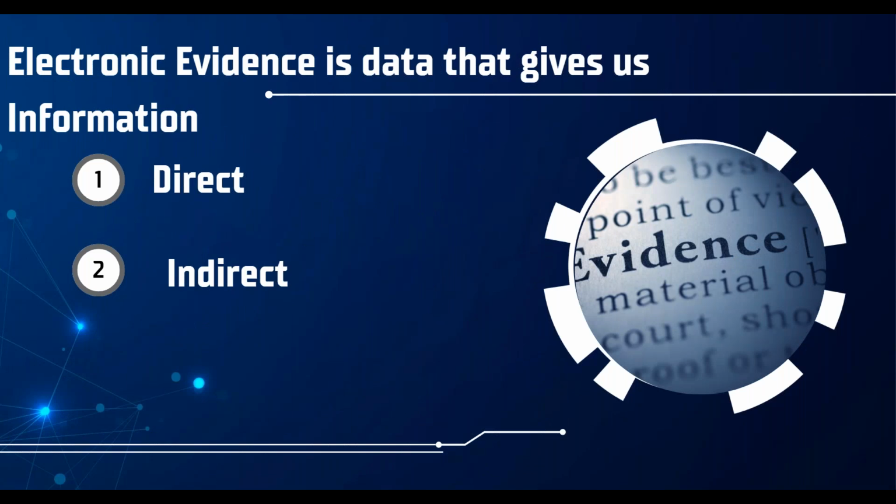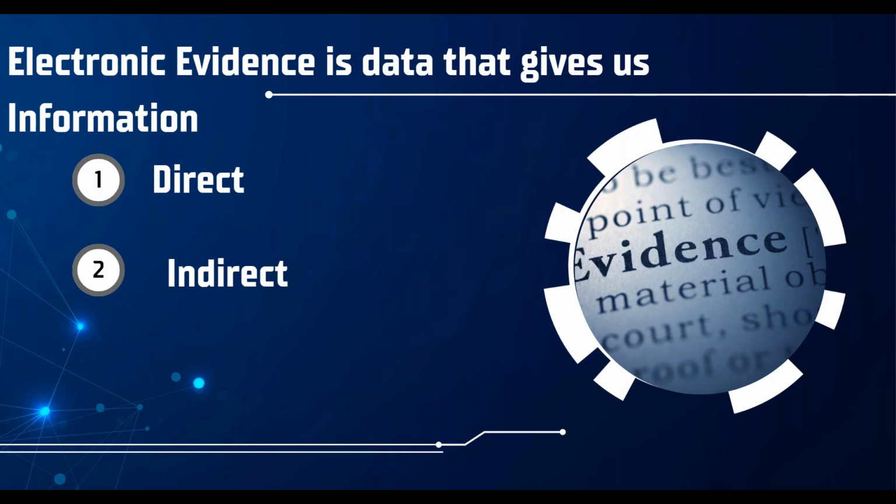So electronic evidence can be direct or indirect. Let's dive into that. Digital evidence, as we stated, is a critical component of many criminal investigations as we're moving into this modernization. Not all digital evidence is created equal, I like to say.